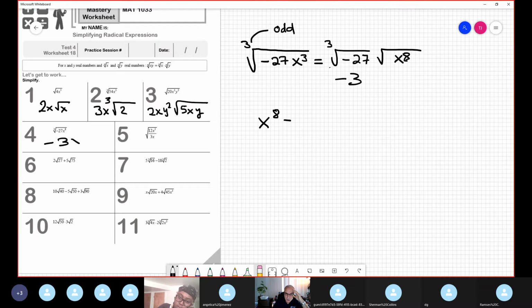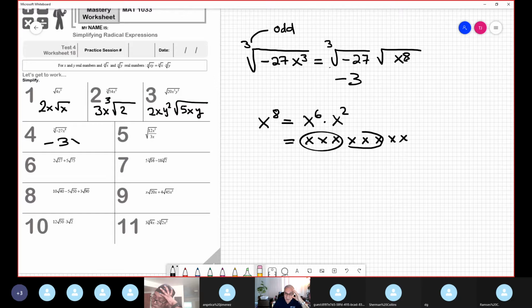You need a multiple of 3 close to 8, going down. x to the 6th power times x to the 2nd power, no? Or you prefer 1, 2, 3, 4, 5, 6, 7, and 8. Let me count. 1, 2, 3, 4. And you select 3 by 3 because it's a cubic root.